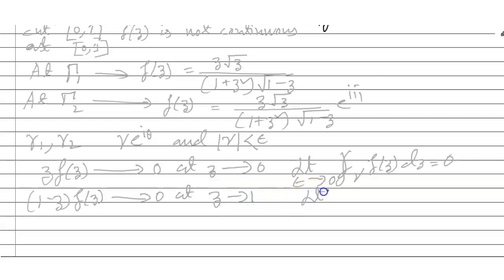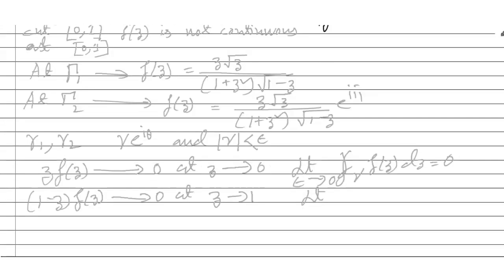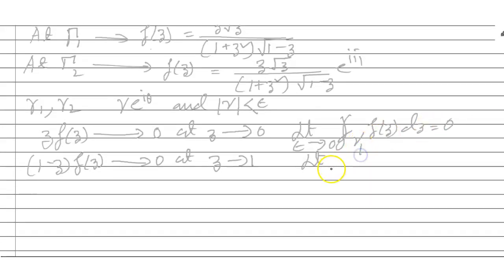So this is the gamma 1. So limit epsilon tends to 0, integration over gamma 2 of f(z) dz equals 0.